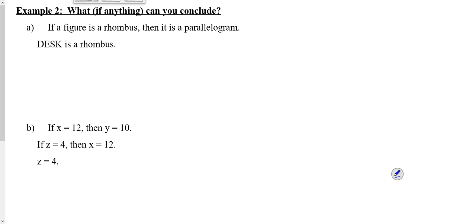All right, then these other types of examples. What, if anything, can we conclude? So we're going to figure out something that we can conclude from this statement. What can we tell from this statement? What do we know? If a figure is a rhombus, then it is a parallelogram.